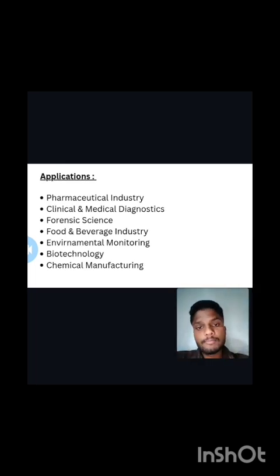And next one is environmental monitoring and pollution control, for specific detection of toxic substances in air, water and soil, etc. And next one is biotechnology, in protein identification, genetic testing, etc. And chemical manufacturing, for process monitoring.